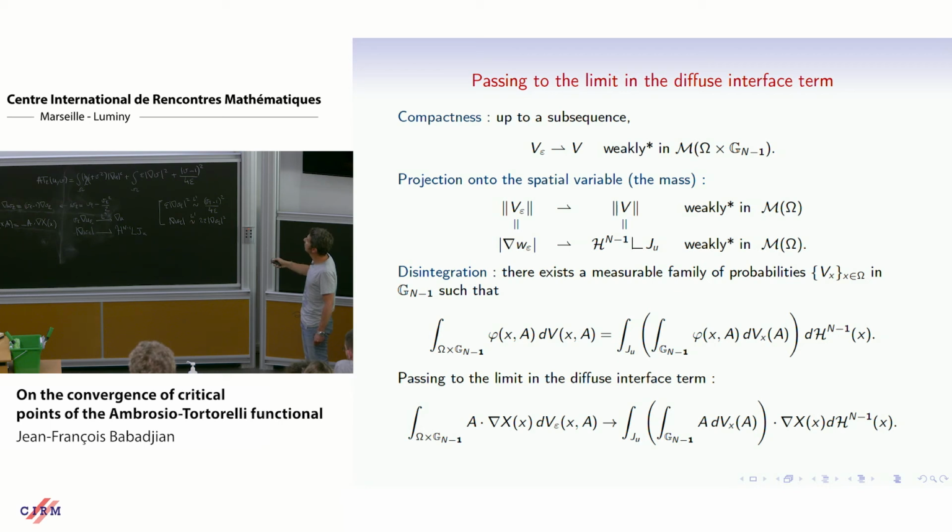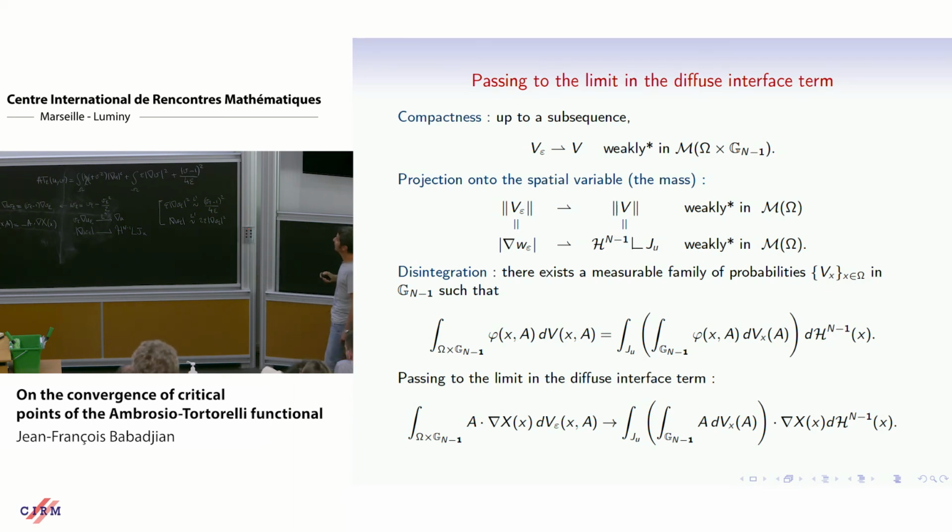These are measures on G_{n-1}, parametrized by small x. This is like Young measures. And the action of the varifold capital V on a test function consists in first integrating the measure V_x with respect to A, and then integrating what remains with respect to the H^{n-1} measure of the jump set.